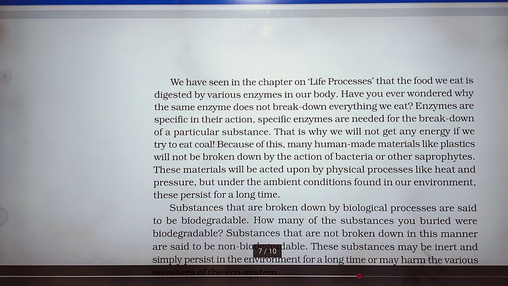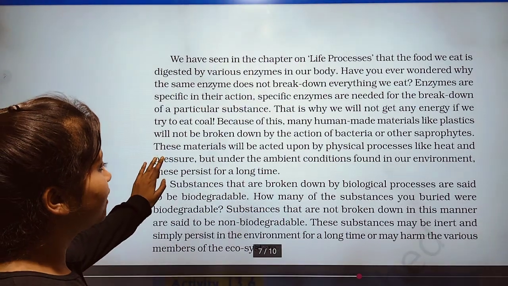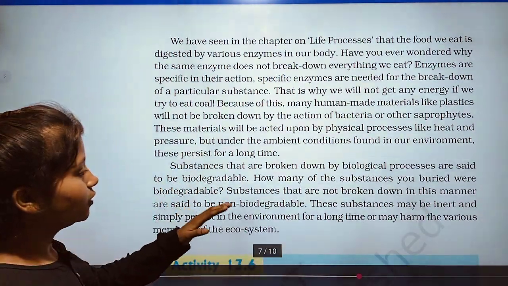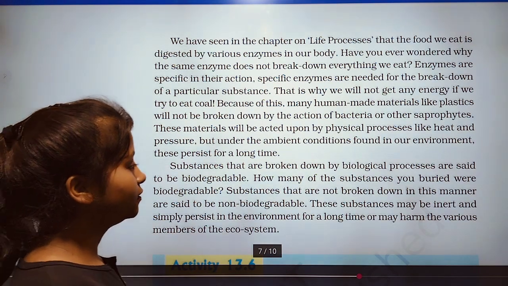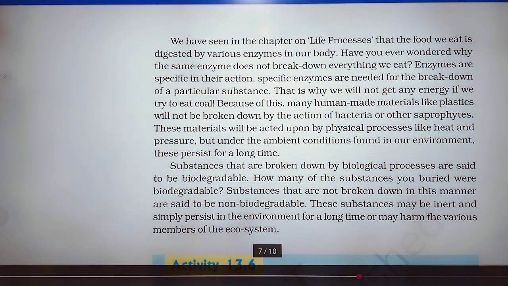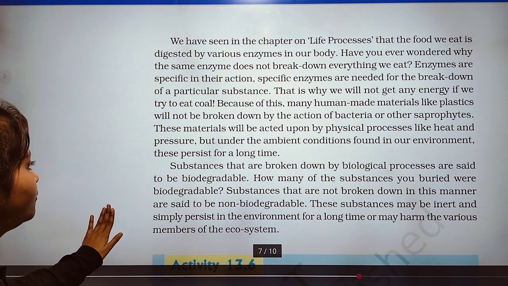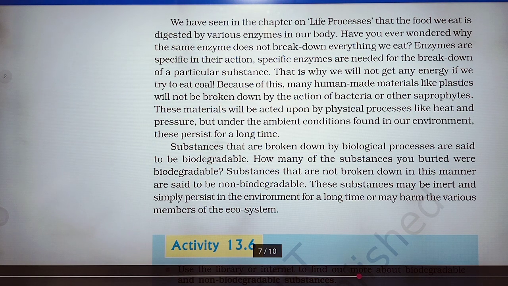These materials can be acted upon by a physical process like heat and pressure, but under the ambient conditions found in our environment, they remain unchanged and persist for a long time.